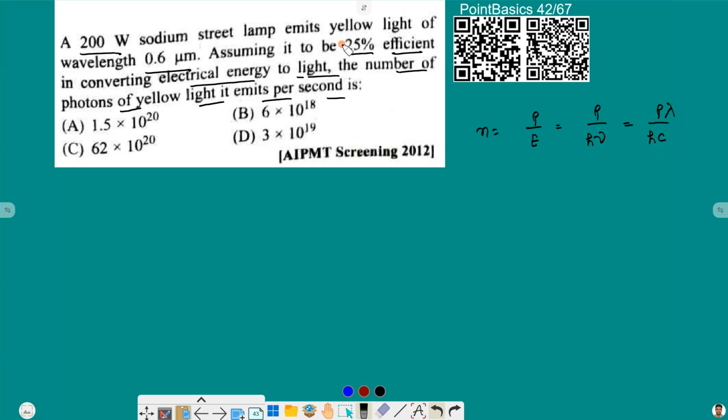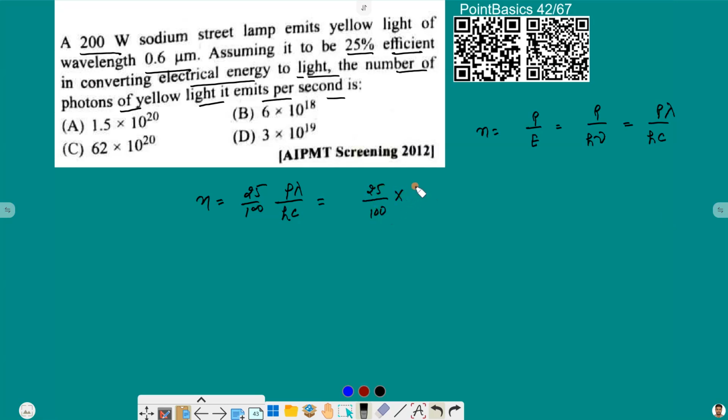Now as mentioned, our power efficiency is 25%, so our actual number of photons will be 25% of this, or we can say 25 by 100 times P lambda by hc. So let's keep it as it is and substitute the other values.